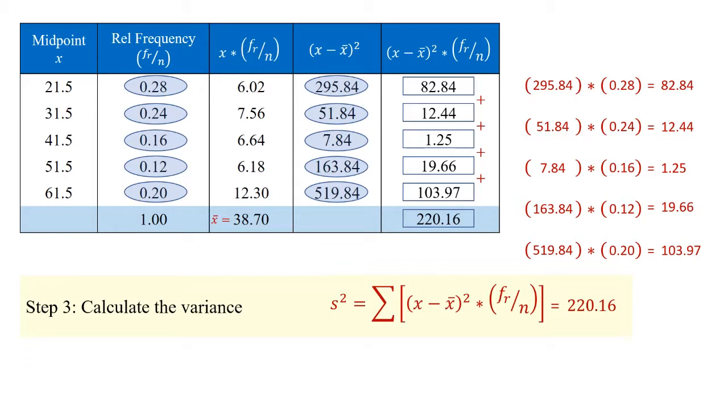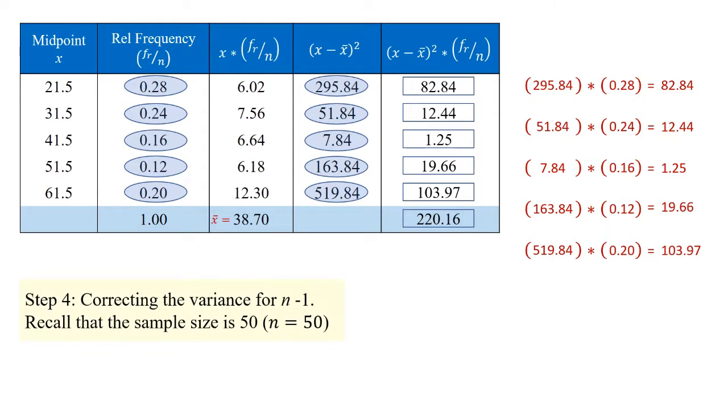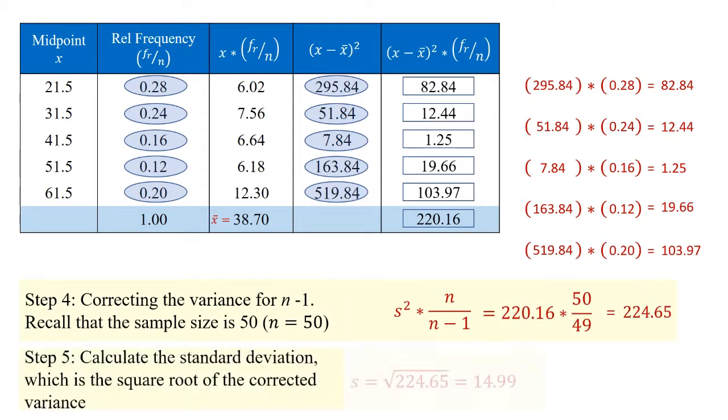There is a small correction required for this value. Recall that the sample size is 50, and implicitly we have divided by 50 to calculate this sample variance. But as an estimator of the unknown population variance, we should in fact divide by n-1, 49.